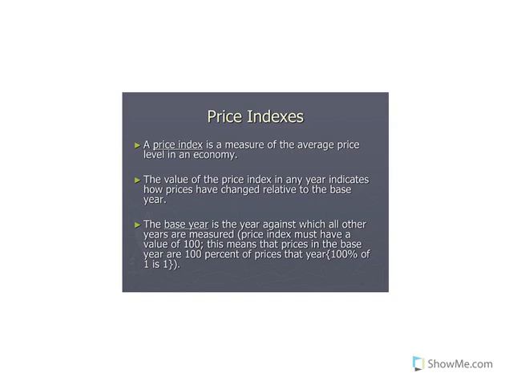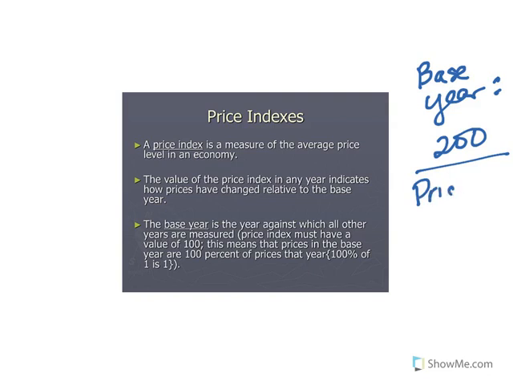So the base year, again, we've already established, is the year that all other years are measured against. So in our previous example, we said the base year was the year 2000. So that would mean that the price index value would be 100.